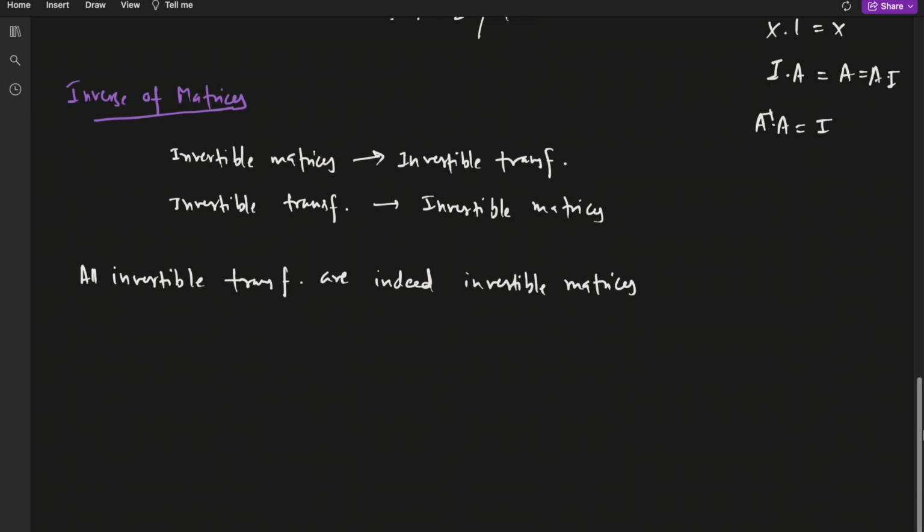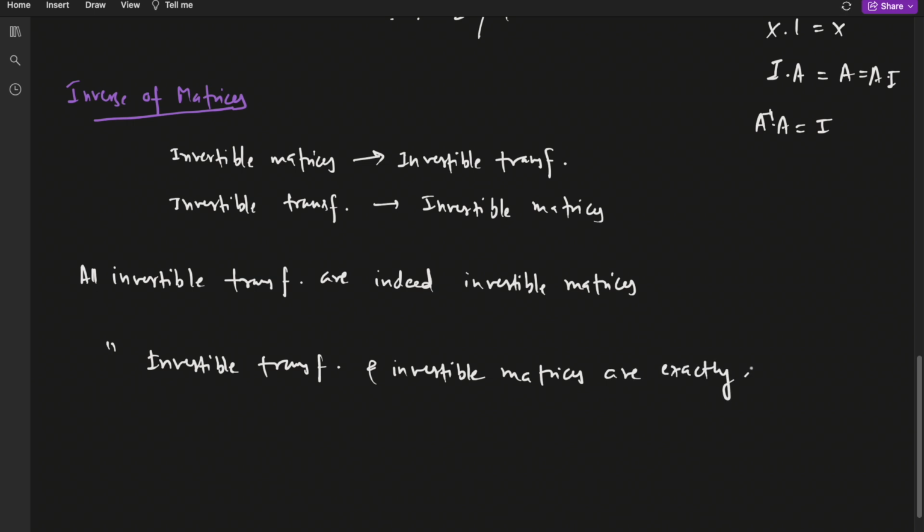So every invertible transformation has a corresponding invertible matrix. So I can summarize this as: invertible transformation and invertible matrices are exactly the same.